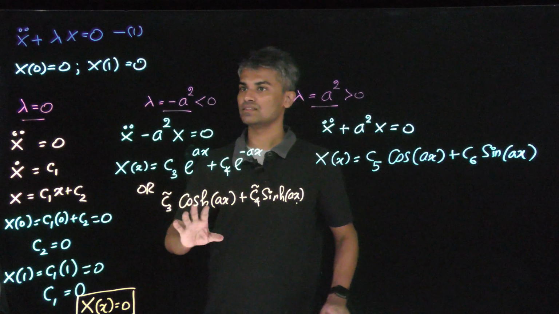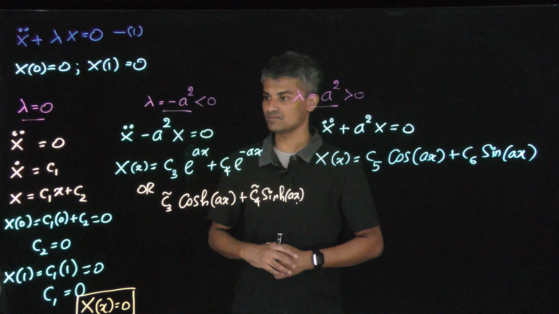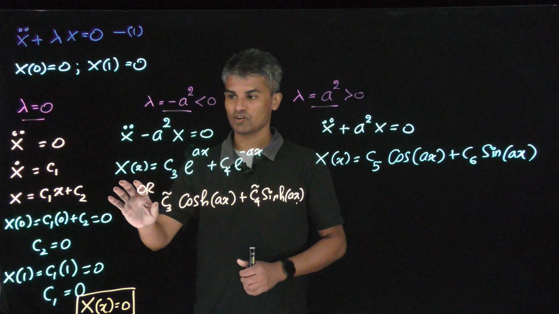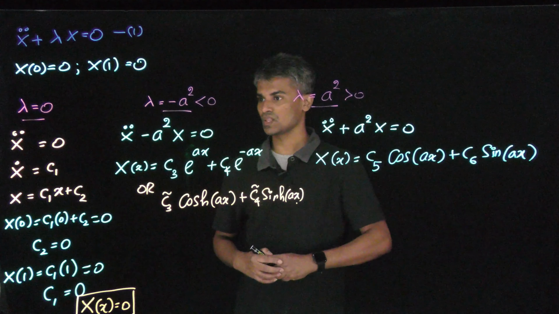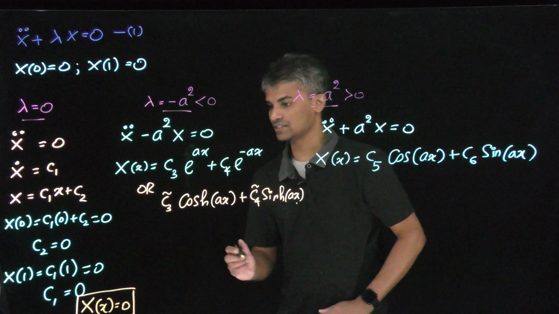Now let us consider the second case where lambda equals a negative number. We have the solution for our function big X of x. Now let us apply the same boundary conditions.